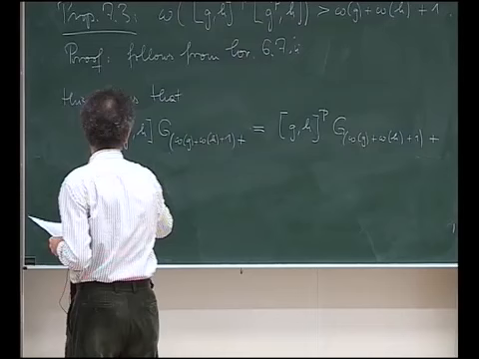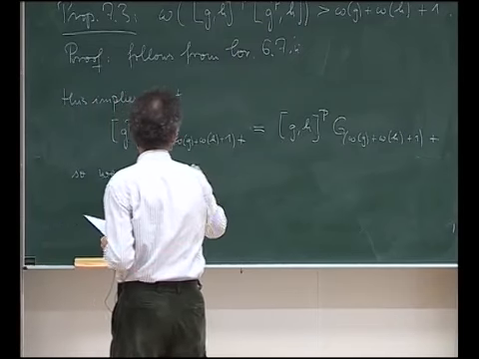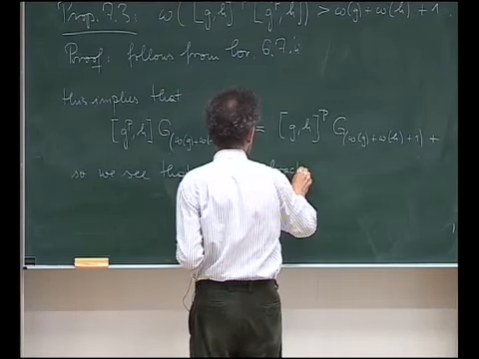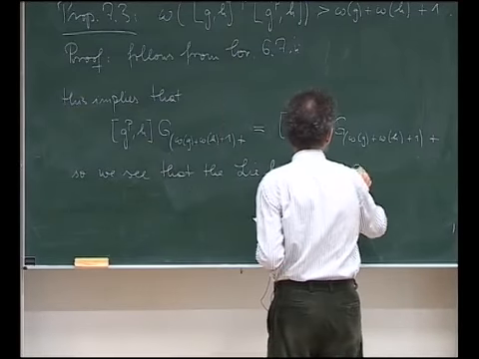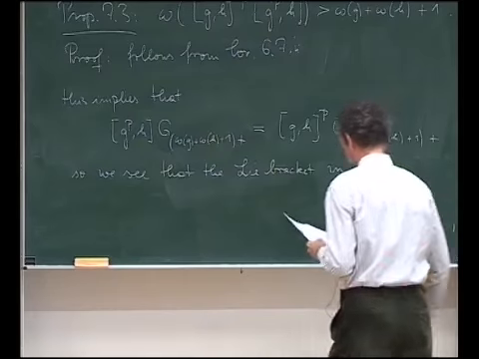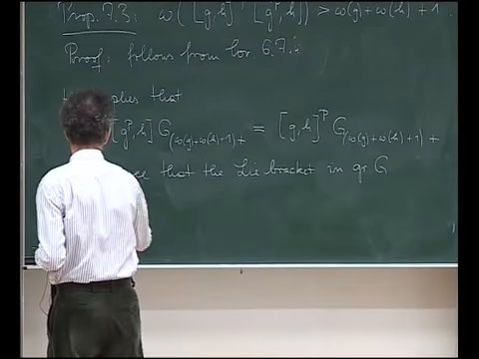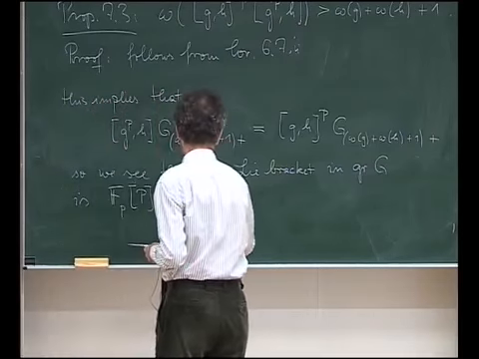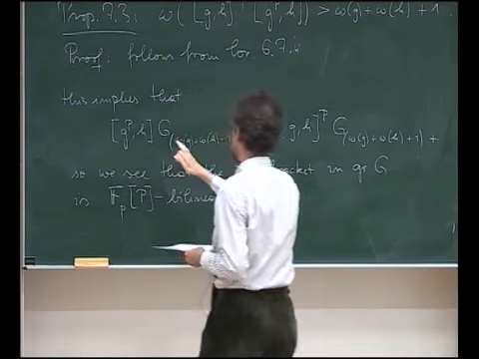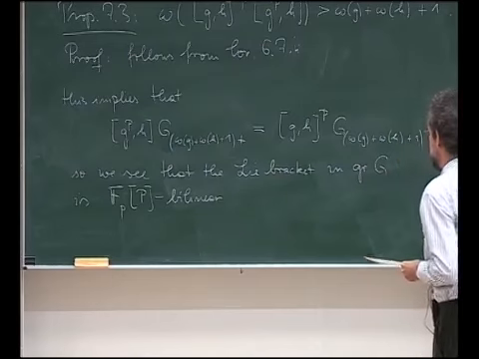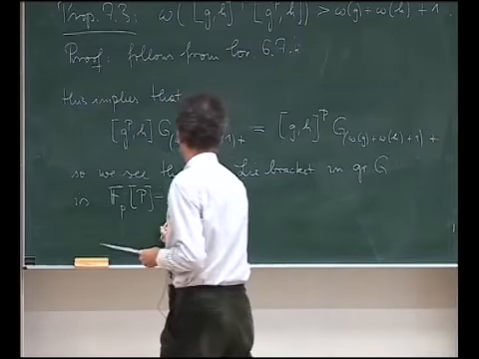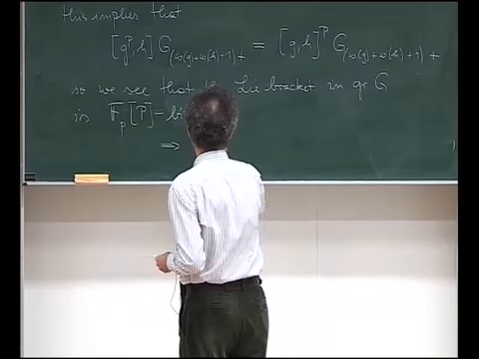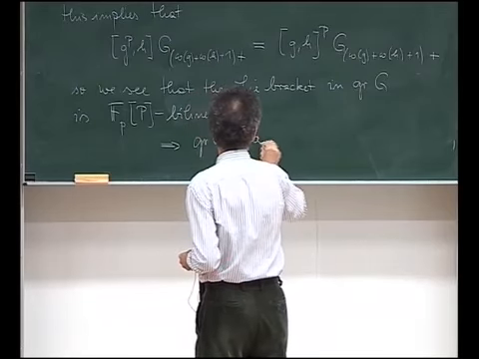So the commutator here in the group becomes in the graded group the Lie bracket, and the p's power becomes the operator P. So we see that the Lie bracket in group G is Fp P bilinear. Right, I have to do this only in one component because of the antisymmetry.